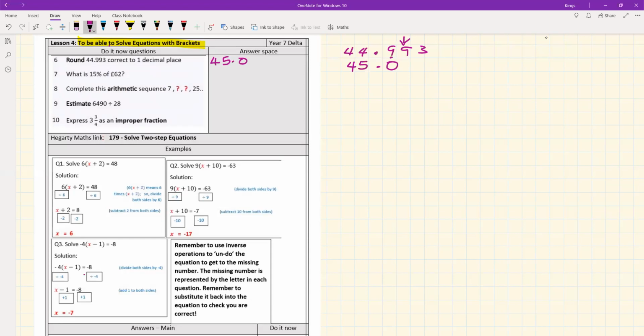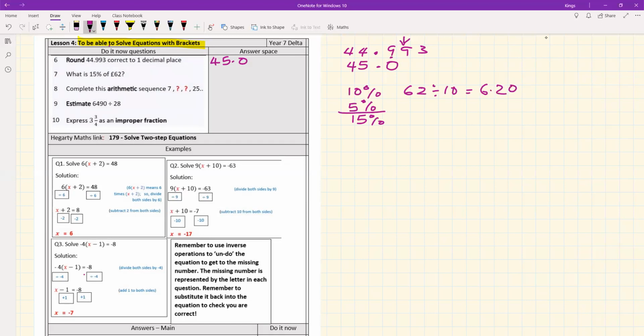Okay, the next one says find 15% of £62. To find 15%, what I'll do is find 10% and then find 5%. If I add the two together, I'm going to get 15%. So that's how I'm going to find 15% of £62. Now, 10% of 62 is you divide by 10, and that makes that £6.20.